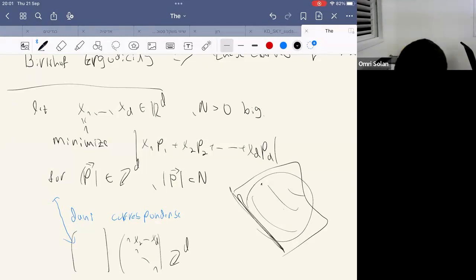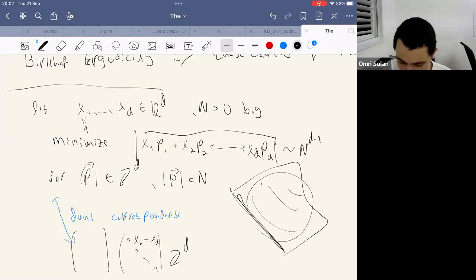Okay, so this will be of order of magnitude n to the d minus 1, and it's d minus 1 because although we have n to the power of d possible p1 to pd, this value ranges from some order, and this value has order of magnitude n for random n to the minus.